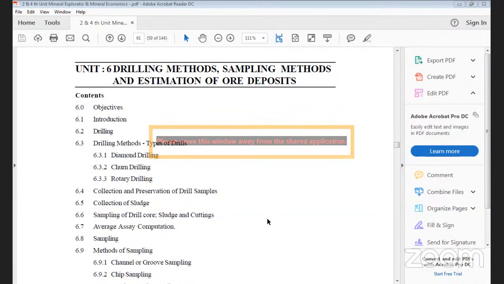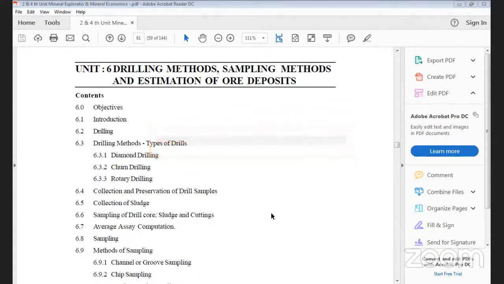Next, coming to the drilling methods, sampling methods, and estimation of ore deposits.